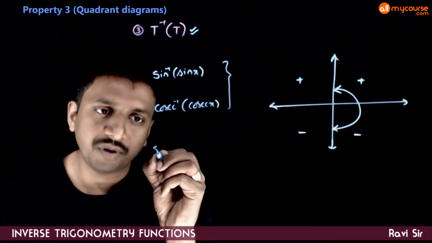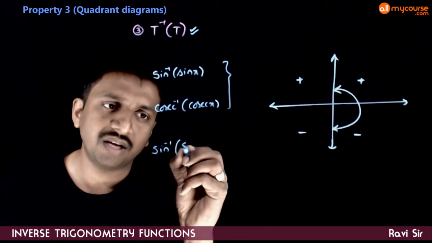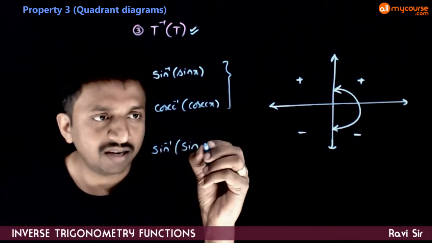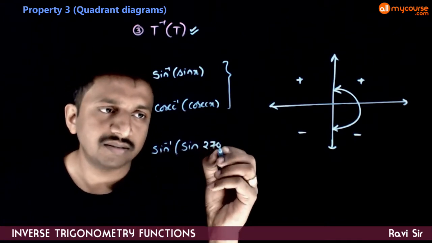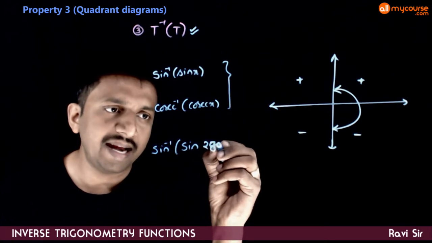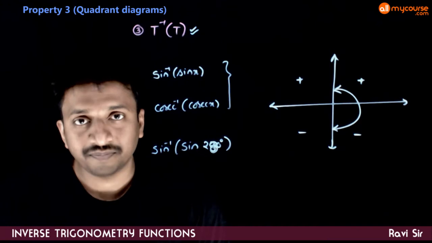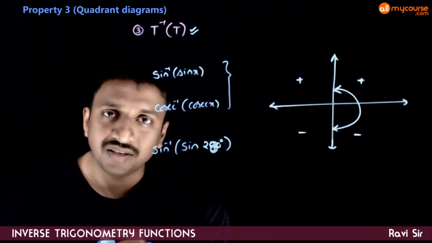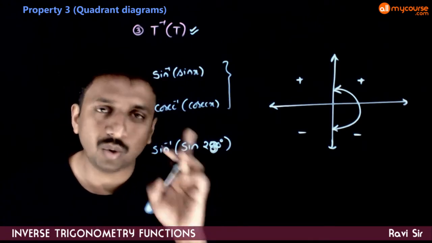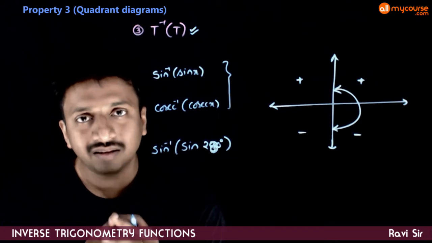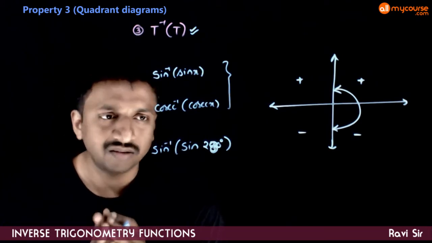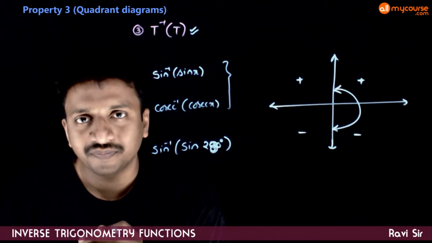For example, if you have sine inverse of sine 280 degrees, for example. So first you can very clearly see that 280 degrees is not in the range of sine inverse. So these two will not get cancelled.